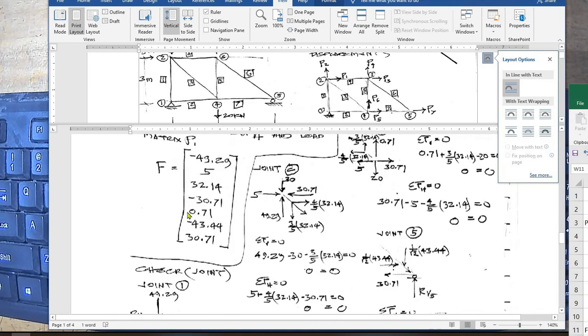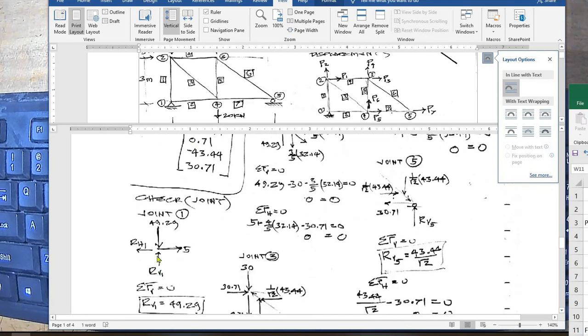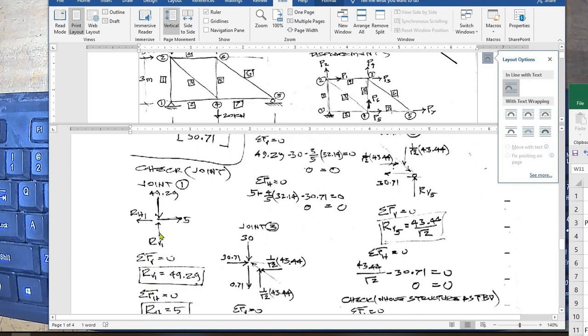Then F2 is 5, which is positive or tension, your arrow is going away. And then you have your reactions. Summation of vertical forces equal to 0. 49.29 is negative plus RV1 equal to 0. So, your vertical reaction at node 1 is equal to 49.29. Likewise, your horizontal reaction is simply equal to 5.